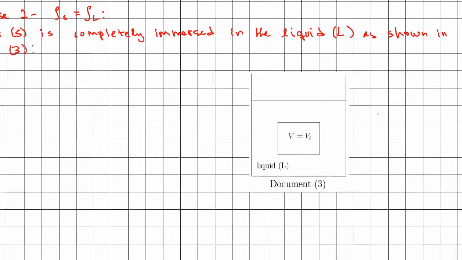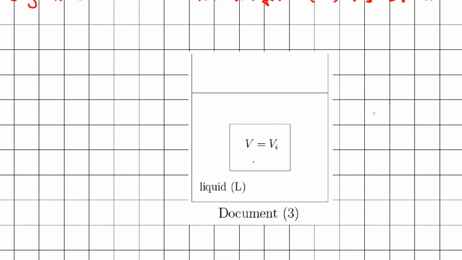For sure, the solid S here is also subjected to 2 forces, the weight which is acting vertically downward and F upthrust which is acting vertically upward.